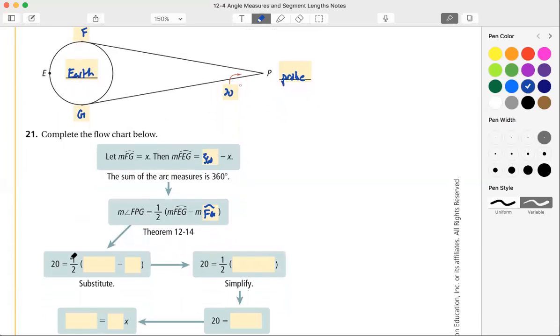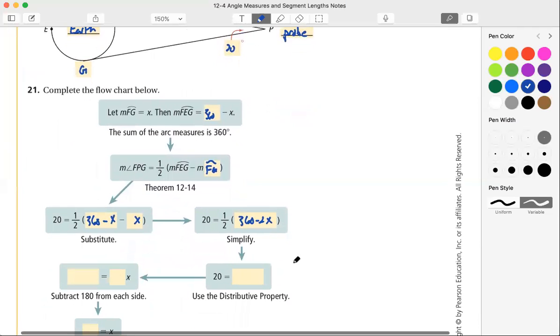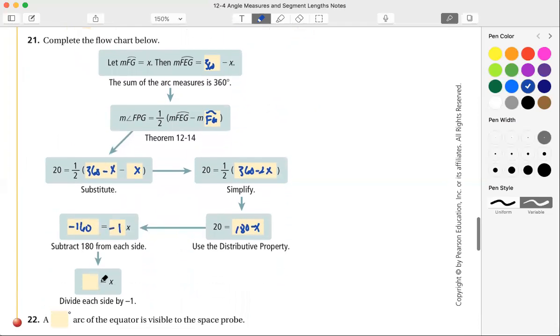So 20 equals 1/2 of 360 minus X minus X. So 20 equals 1/2 of 360 minus 2X. Distribute the 1/2, so 20 equals 180 minus X. So we have negative X equals negative 160. So we have X equals 160.